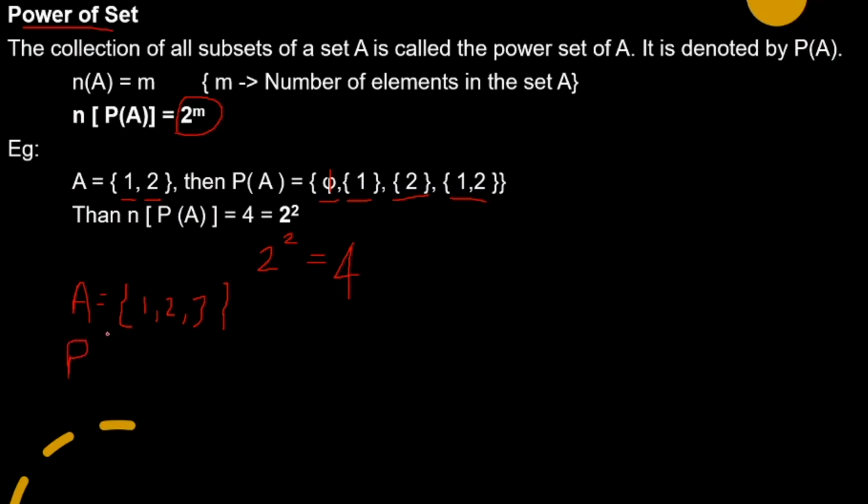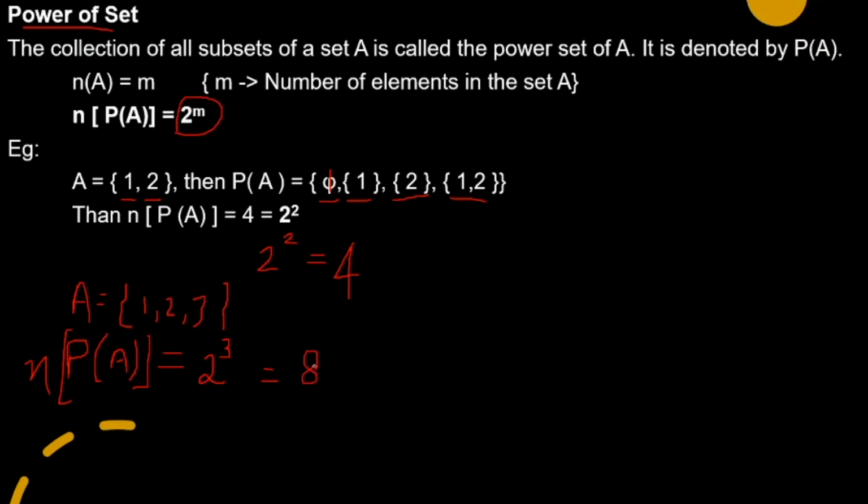P of A within square brackets, n equal to 2 raised to 3, since 3 elements are there. So 2 cube. What is 2 cube? So we have 8 subsets.